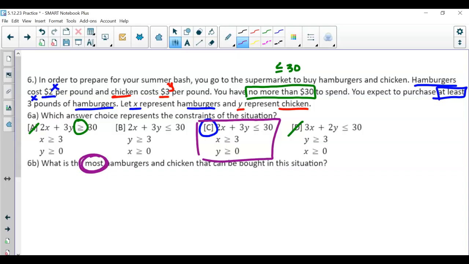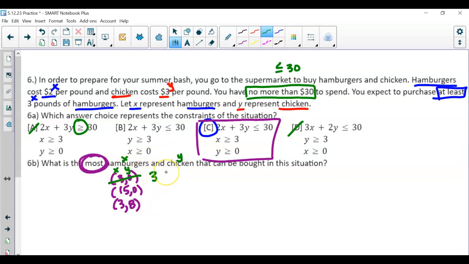So here we're looking at (3, 0), (15, 0), and (3, 8). Now, if I want to know the most, I can already tell that (3, 0) is not going to give me the most, because that's only 3 total. Remember, X is hamburgers and Y is chicken. Well, that's just saying I'm buying 3 hamburgers and no chicken.